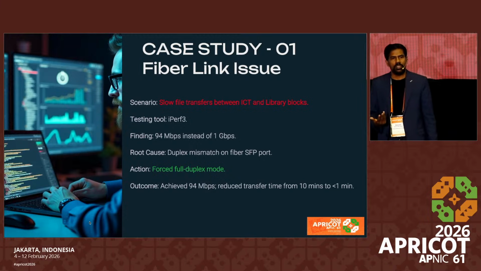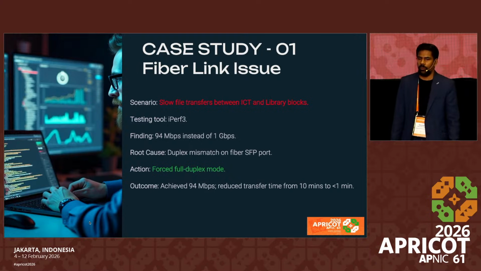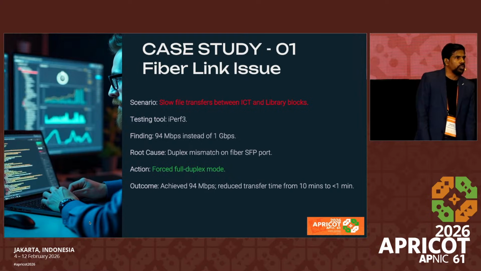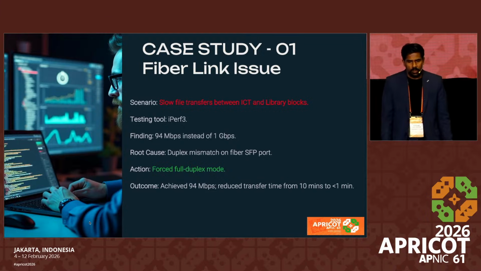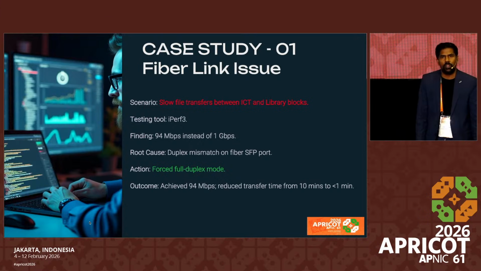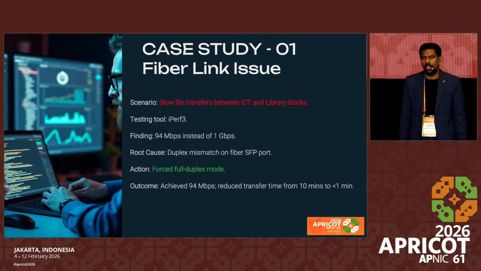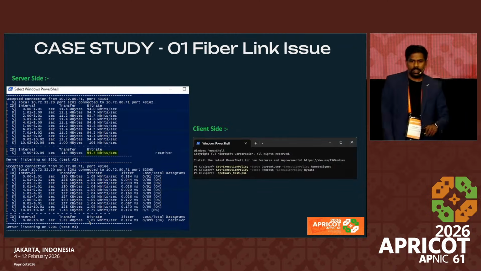Root cause: duplex mismatch on the fiber SFP port. The solution: we forced it to full duplex mode. In the outcome, we achieved 1 gig, and reduced the latency from 10 milliseconds to less than 1 millisecond. Let's move to the next case study.